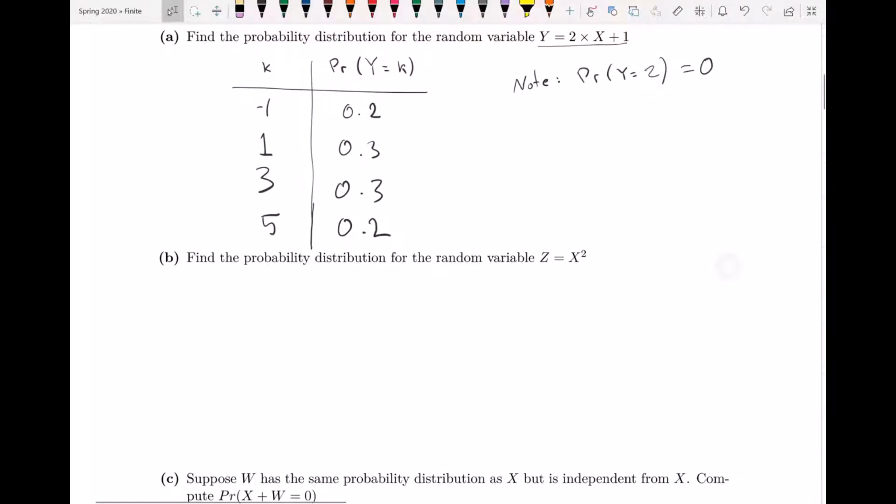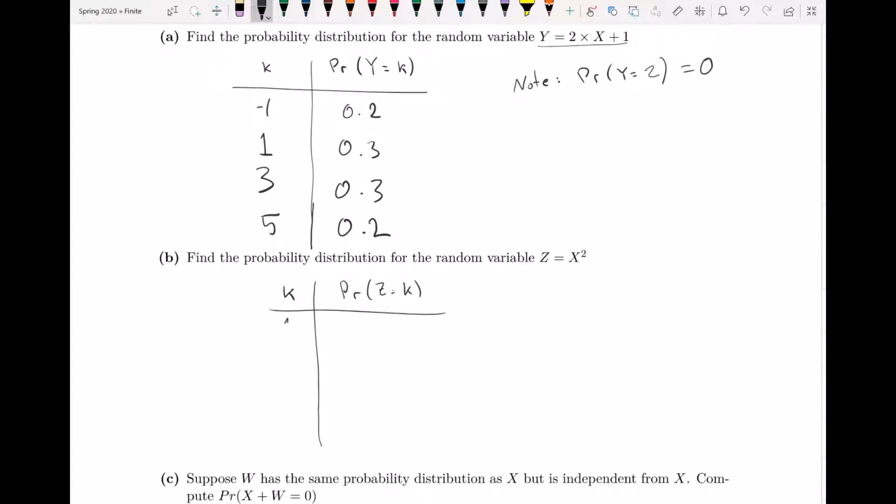Now find the probability distribution of a random variable Z equals X squared. Let's do exactly the same thing. We have k, and then the probability that Z equals k. We go through the values one at a time. The smallest is -1.